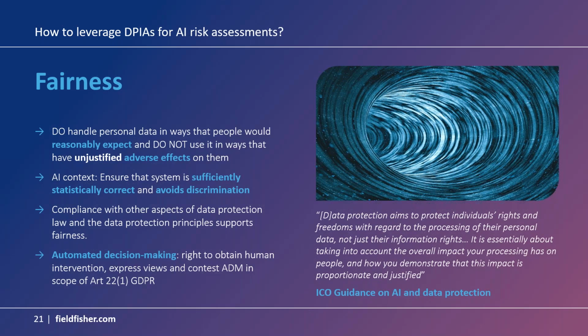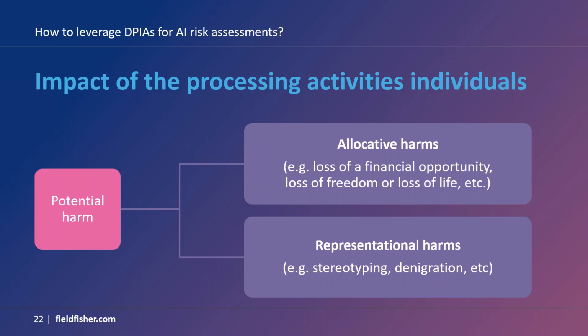But then let's take a look at the impact on processing activities. It's a risk assessment. It's tautological that you have to assess the risk of harm to somebody. But your assessment must identify potential risks and divide them into different categories, because you should consider the so-called allocative harms, for example, related to the allocation of goods and opportunities among groups, and the representational harms, where the harm results from the subordination of groups along identity lines and leads, for instance, to stereotyping.